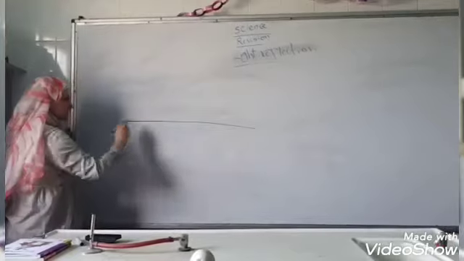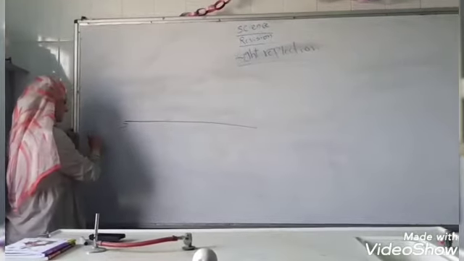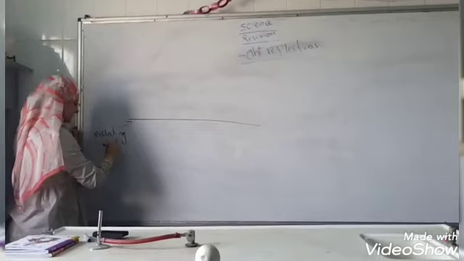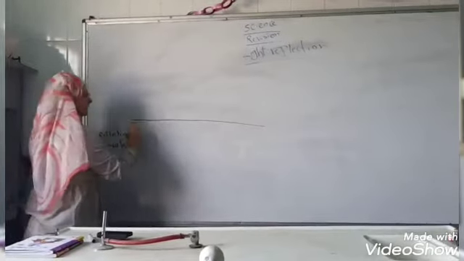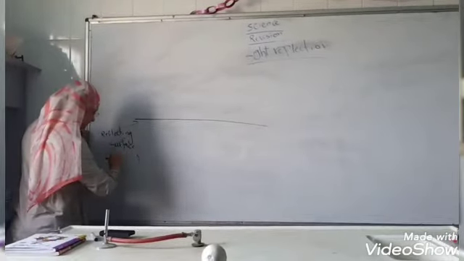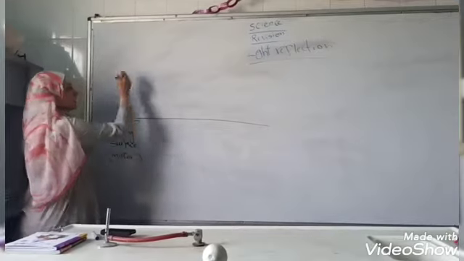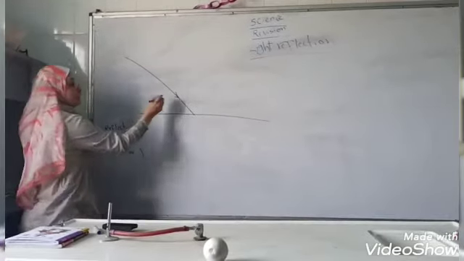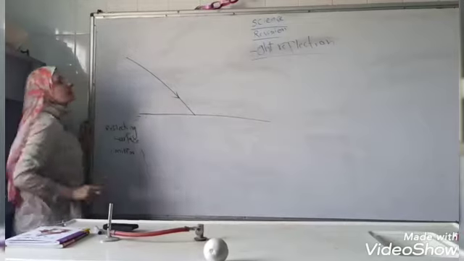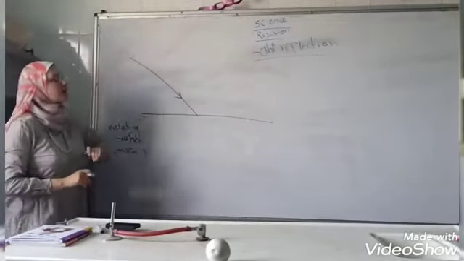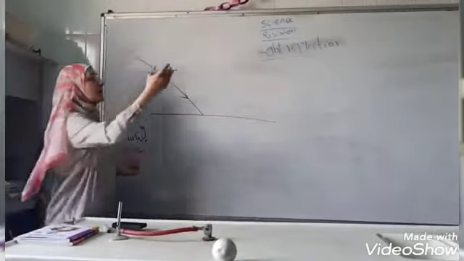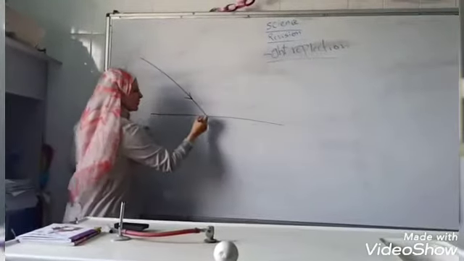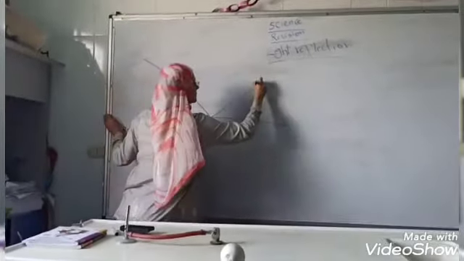Suppose this line is a reflecting surface, like a mirror. Light falls with this angle. We need to determine the direction of the arrow that falls in this direction. What happens when we drop the light ray from this direction? It changes, so the light will move in this direction.